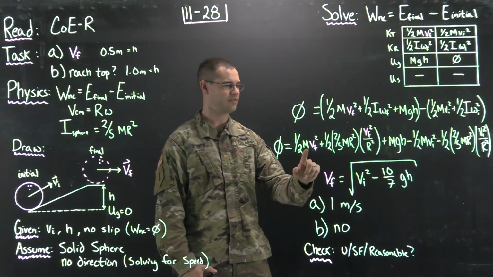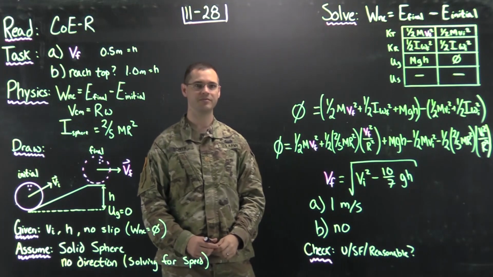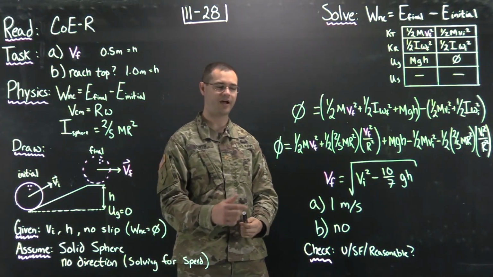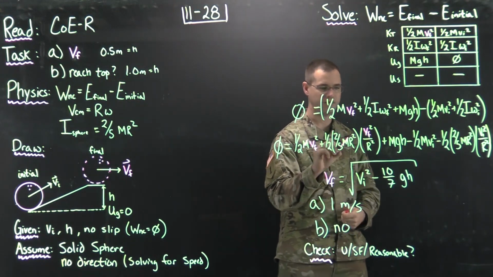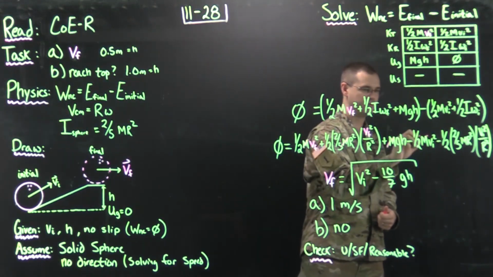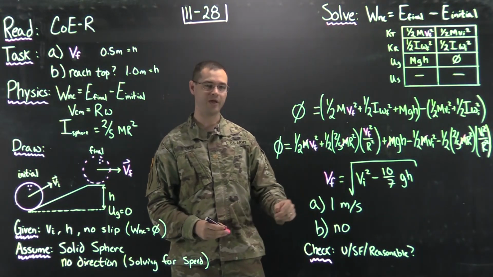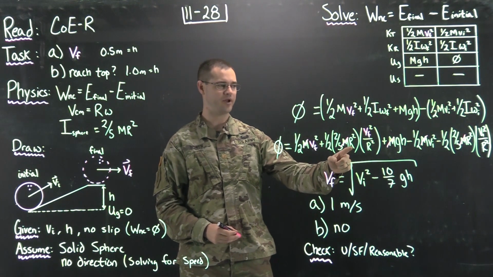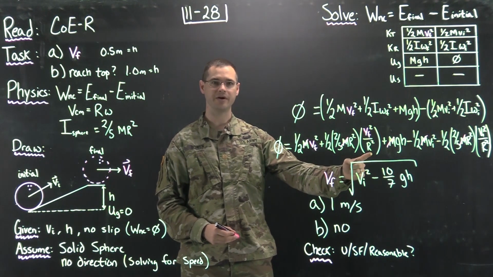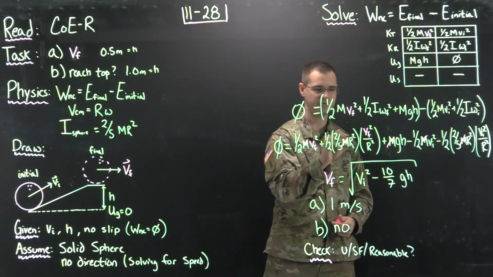You can see that there's a mass variable in every single one of our energy terms. So we can divide the entire expression by the mass to simplify our equation. Additionally, in every energy term where you see a radius squared in the numerator, there's also a radius squared in the denominator from our link equation, so we can cancel those out.